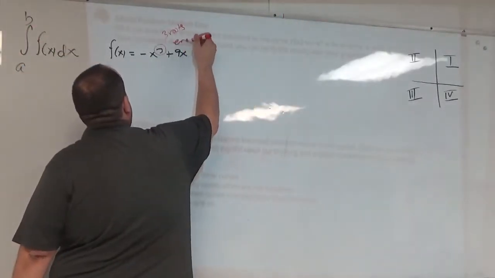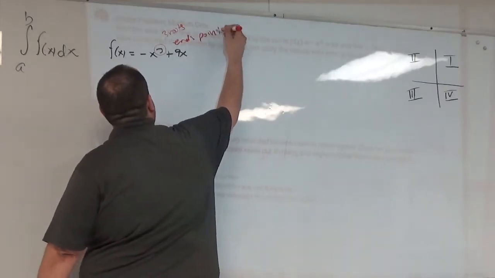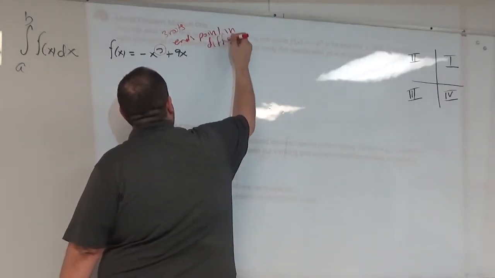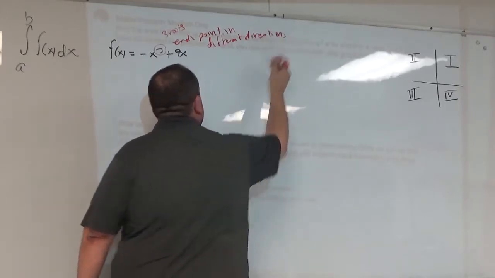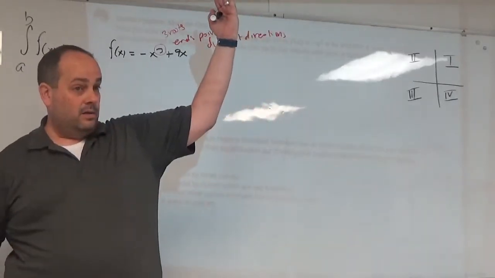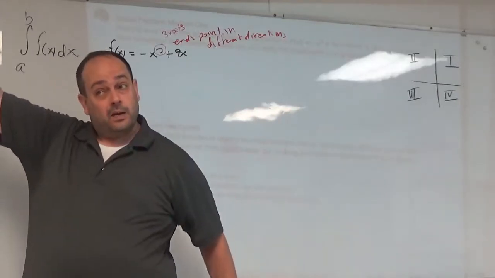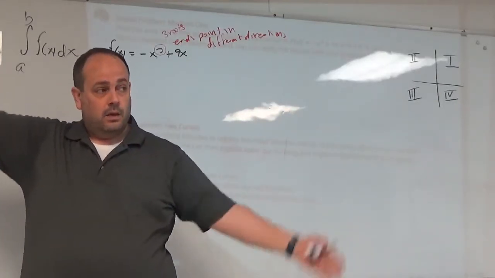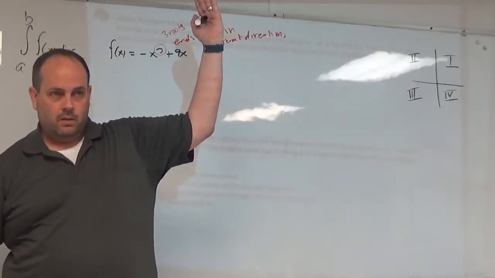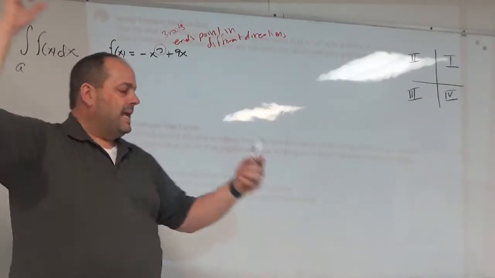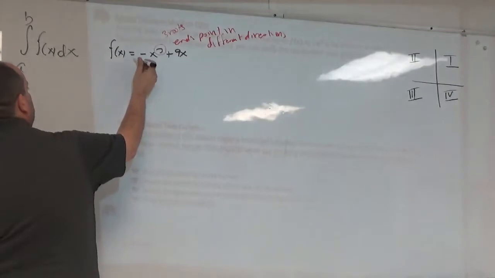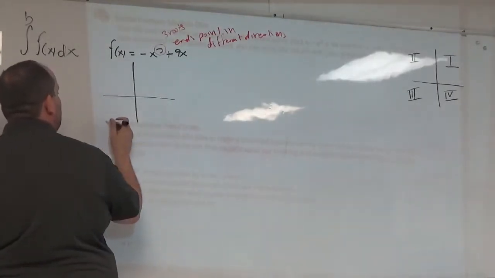So the ends point in different directions, which means either this way or that way. It's this way because the leading coefficient is negative. Good.